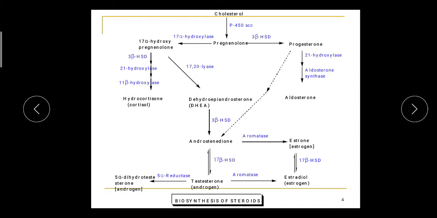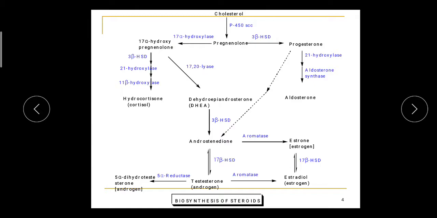If it interacts again with HSD, this androstenedione converts into the male sex hormone like testosterone, and if it undergoes interaction with the enzyme aromatase, there is biosynthesis of estrone or estrogens, the female sex hormones. And the testosterone can be converted into dihydrotestosterone, which is called an androgen. This androgen is useful for muscle buildup.